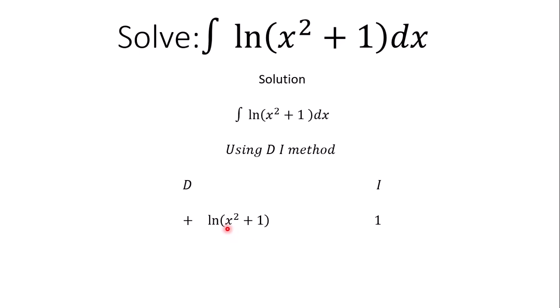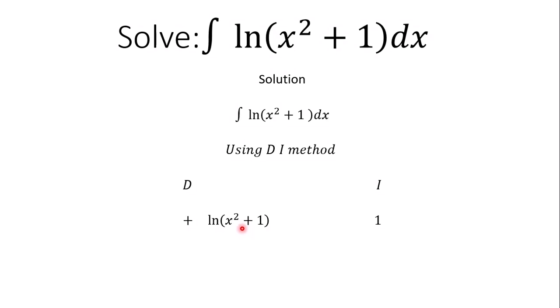When you differentiate x squared plus 1, you're going to get 2x. Maybe you did substitution, and here becomes u. You can substitute this one for another variable and then use the chain rule to solve it.